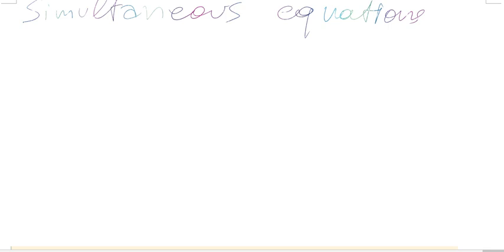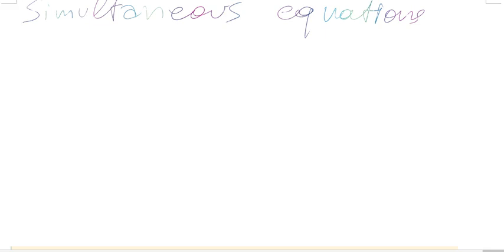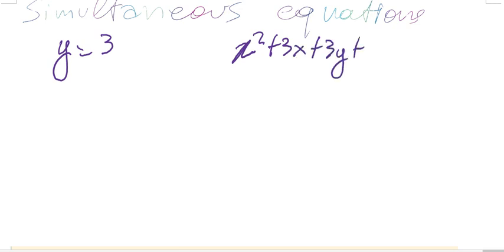I hope you remember what simultaneous equations are. If you don't remember, I will go through this with you. We used to have something like y equals 3x, and then another equation, something like x squared plus 3x plus 3y plus y squared equals 9.